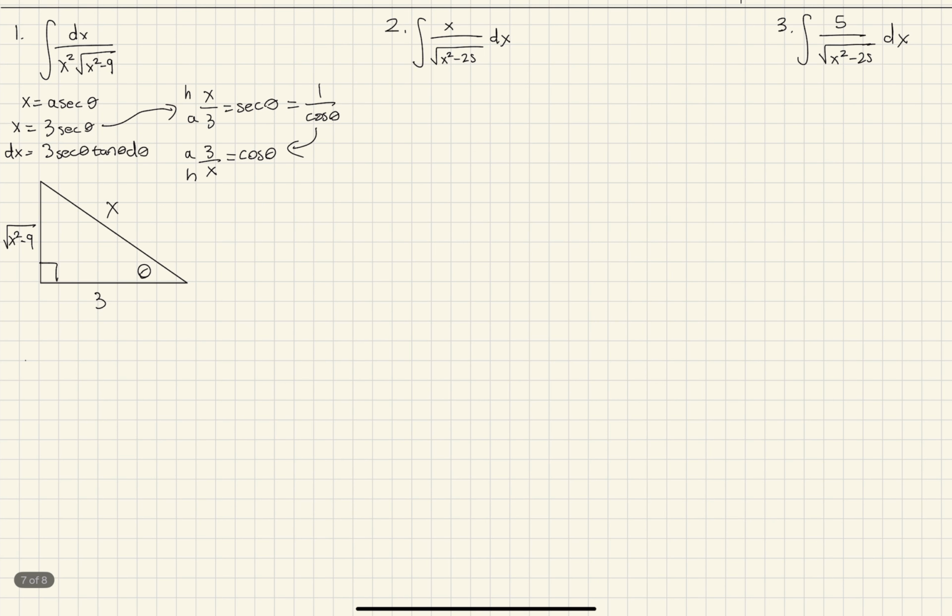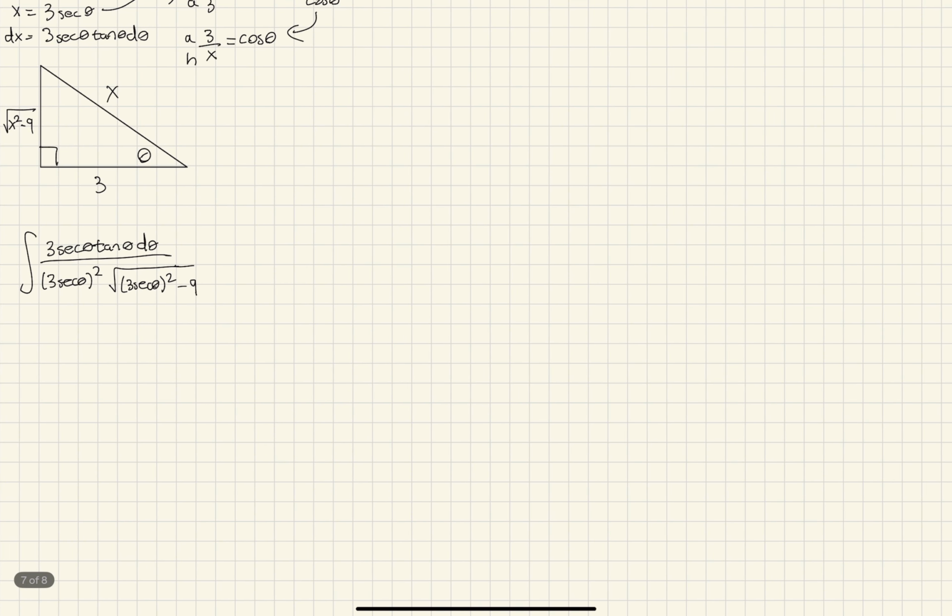So let's plug it into the equation. dx equals 3 secant theta tan theta d theta over x is replaced with 3 secant theta, and the square root of 3 secant theta squared minus 9. Okay, so let's continue down here.